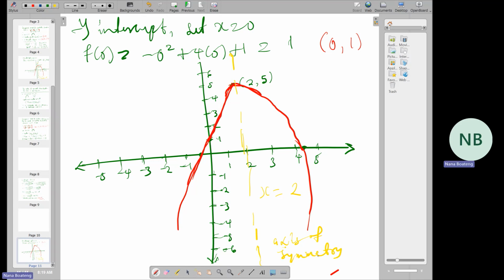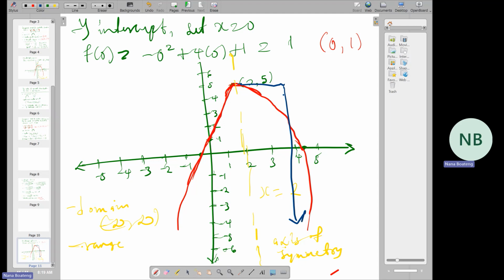All right, so this is how we graph this, and from this function, we can determine the domain and the range. We can see that the domain is over all x values, so the domain is from minus infinity to positive infinity. And we can see that the range starts from this point here and goes downward.